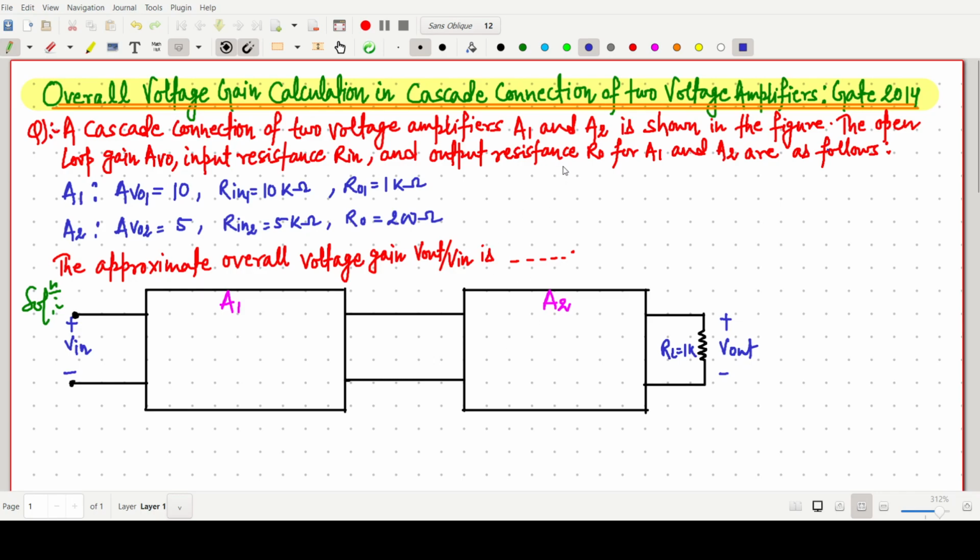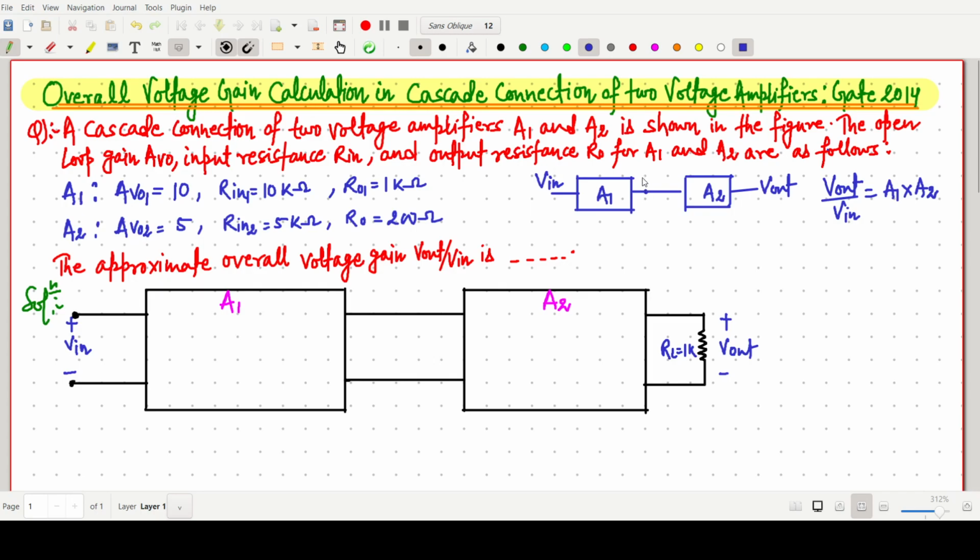This is a cascade connection of two amplifiers. The basic thing we have to know: suppose two amplifiers A1 and A2 are connected in cascade, with V in and V output. Then V output by V in is simply the multiplication of the gains of amplifiers A1 and A2.